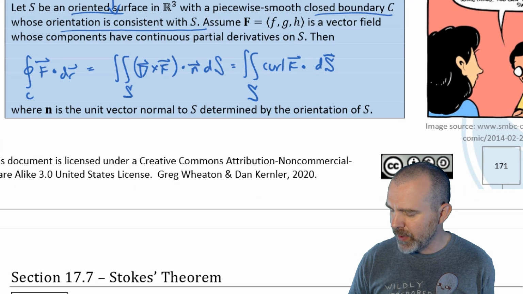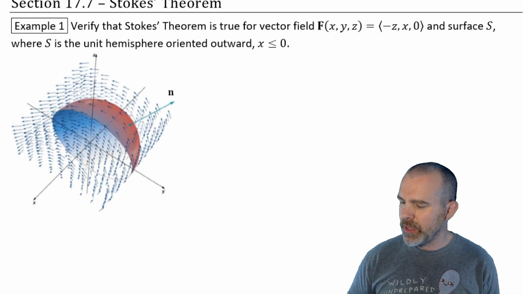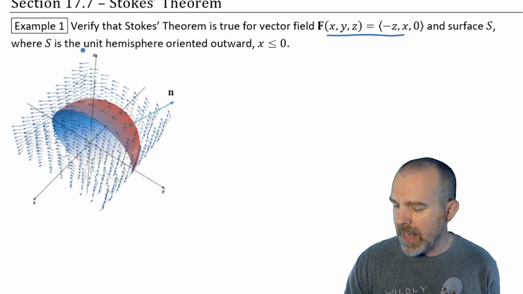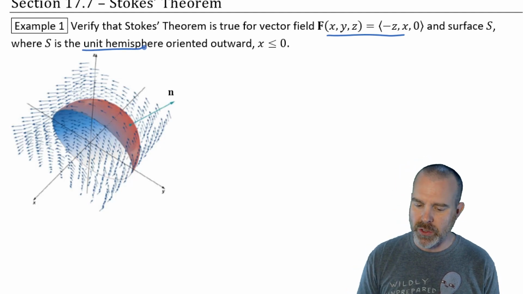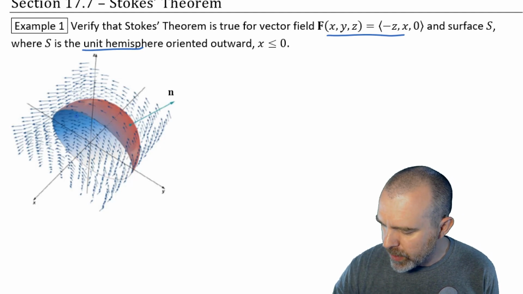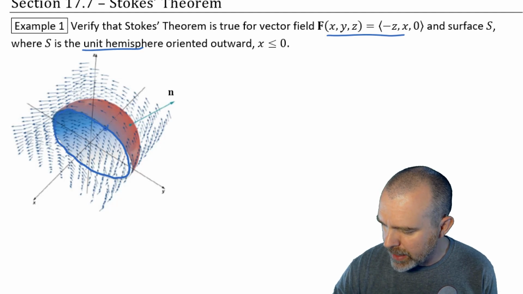All right, so let's try this first example. We're going to try to verify that Stokes' theorem is true for this particular field and the surface S here, which is the unit hemisphere, but we're only looking at negative x values. So we're going to need a curve around here, and I'm drawing it actually in the orientation we want.